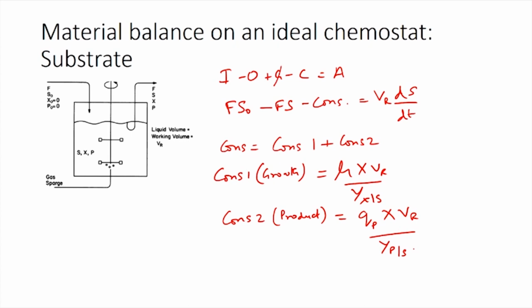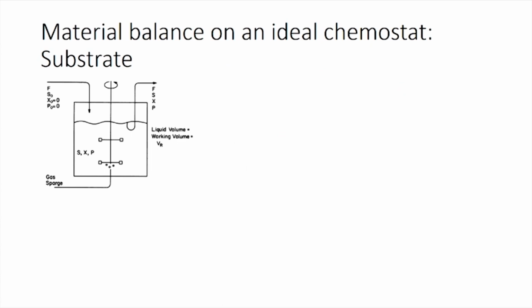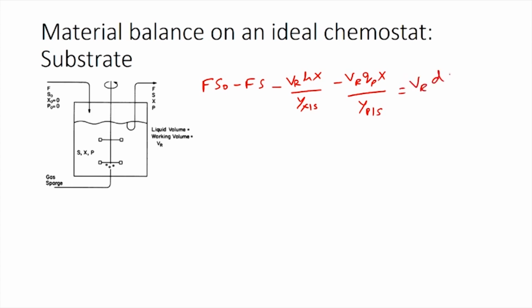So, substituting all these terms back into the equation, we get Fs naught minus Fs minus Vr mu x divided by Yxs minus Vr Qpx divided by Yps equals Vr ds dt.